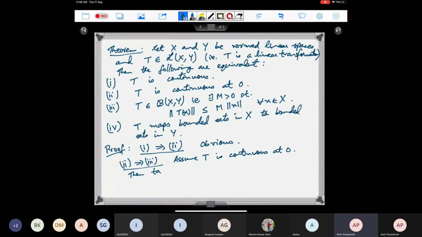If we take epsilon equal to 1, then there exists some delta greater than 0 such that if norm of x is less than delta, this will imply norm of Tx is less than 1.